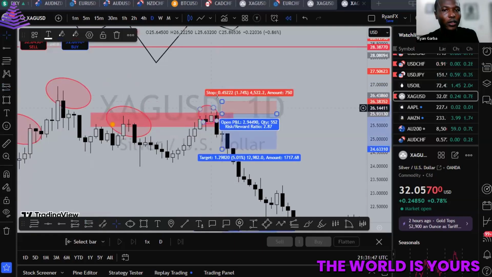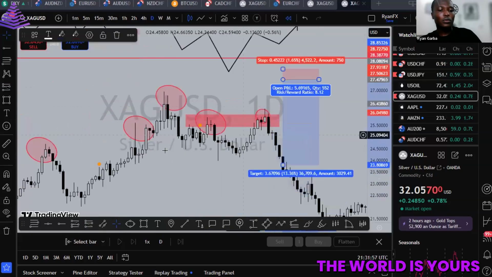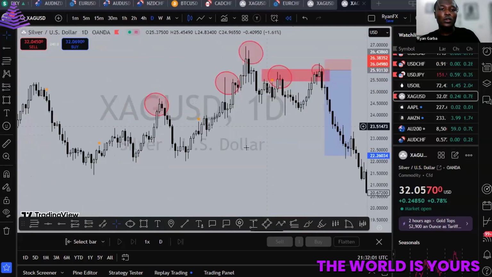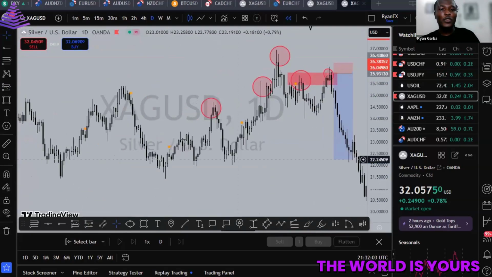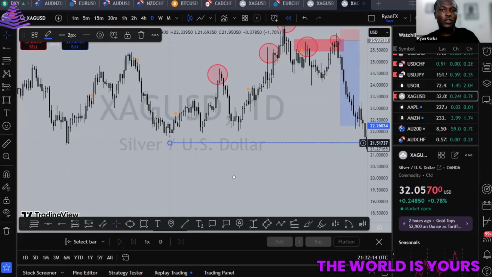You see the wick, you just put your stop loss a little bit above the wick. Then you can just hold. Maybe you can mark a level here. Great.